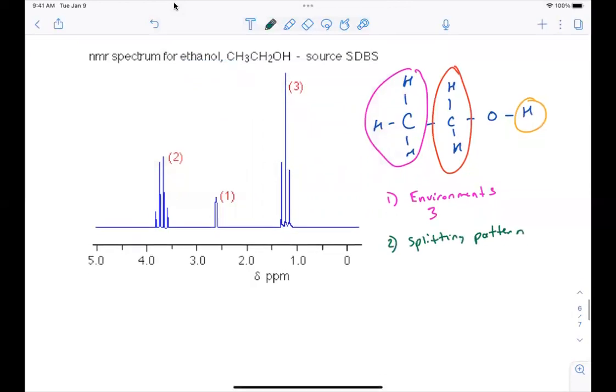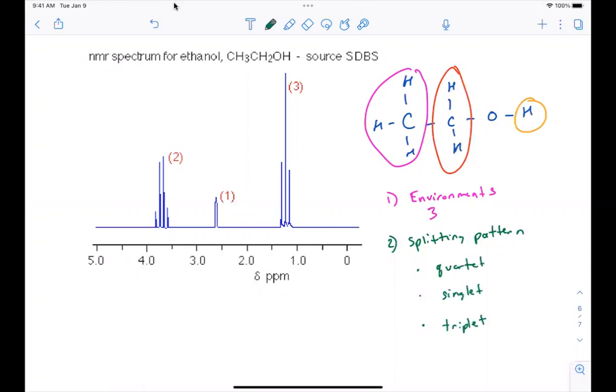Two, splitting pattern. What kind of splitting patterns do we have in the graph here? Quartet, singlet, and triplet. Okay. Let's look at one of these environments here. Let's look at this pink one over here.